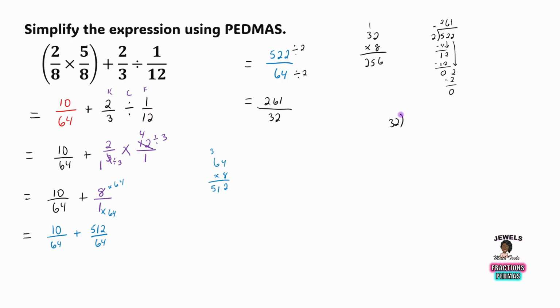So in dividing my 32 into 261, I will get 8. 8 times 32, of course, is our 256. And then when we subtract our numbers, for our final step, we will have a remainder of 5. So my fraction as a mixed fraction will be 8 and 5/32.